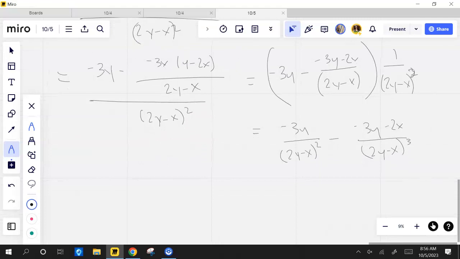Now I got to get a common denominator again, 2y minus x. So I get negative 6y squared plus 3xy plus 3y plus 2x over 2y minus x. That's not!